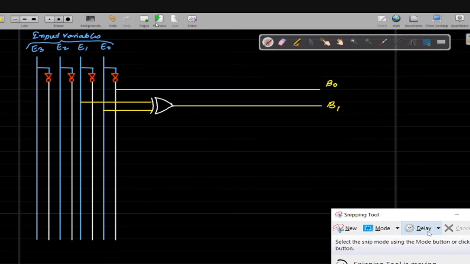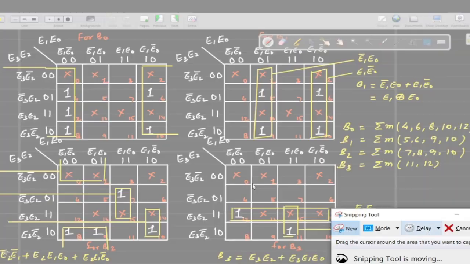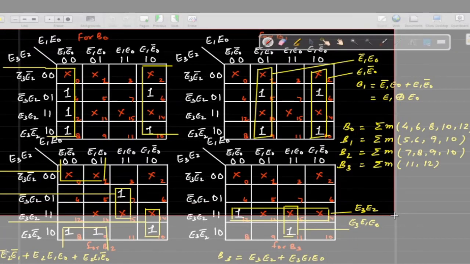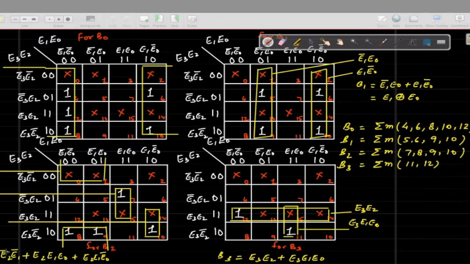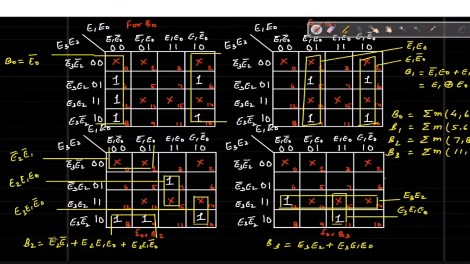All right, so the next expression is this. Let me copy it so that it will help us a little bit to implement it.